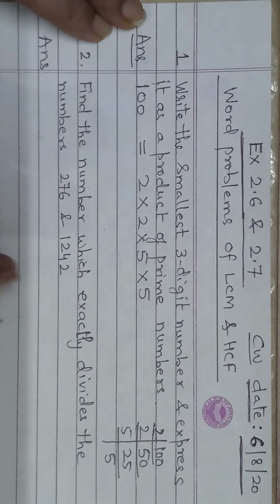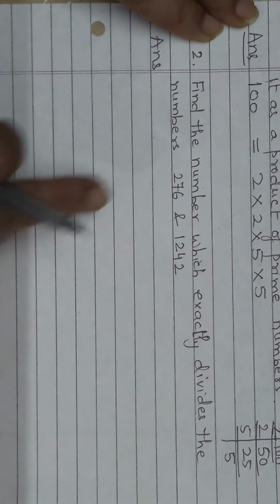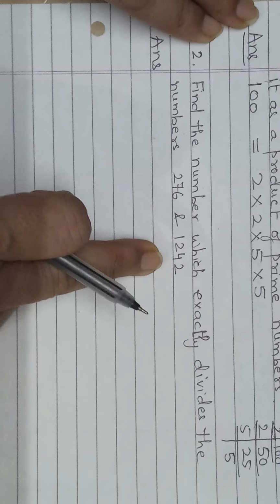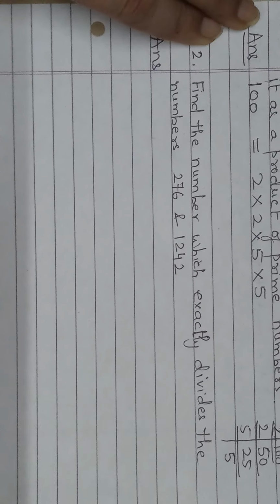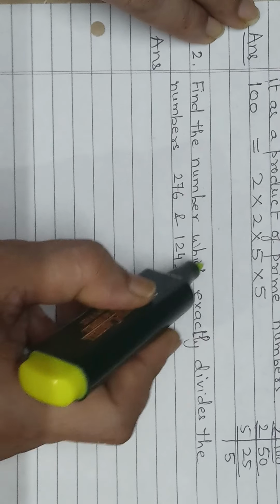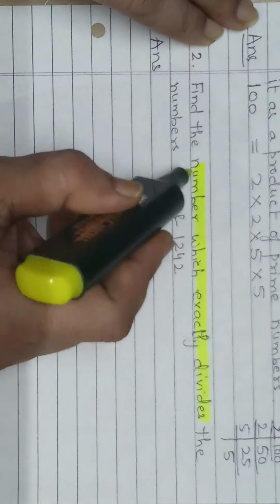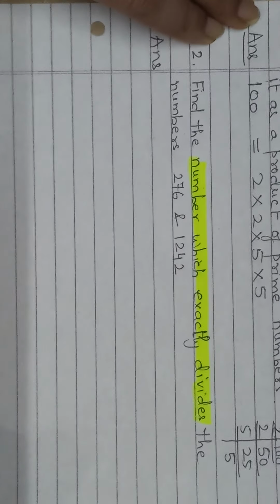Find the number which exactly divides the numbers 276 and 1242. Now we want a number which divides these two numbers. The very simple thing we have to understand is that the number which exactly divides means we want a factor.